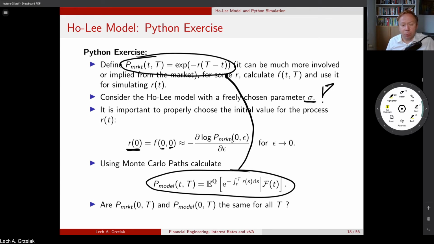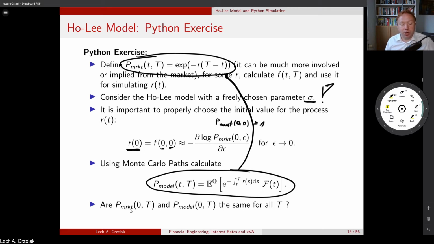The zero coupon bond P market (0,0) is always equal to 1, so that's kind of useless, but you always have to use a small epsilon, maybe a rate for tomorrow and not for today. That will be the estimate for our initial rate. Otherwise, this R0 would always be equal to 0, and that's not going to work.